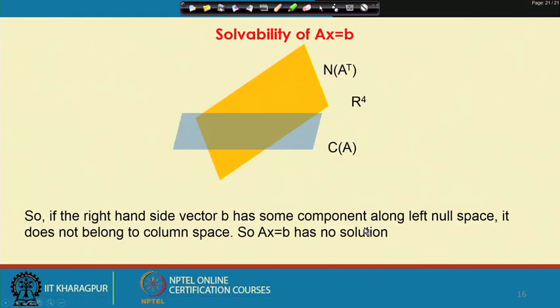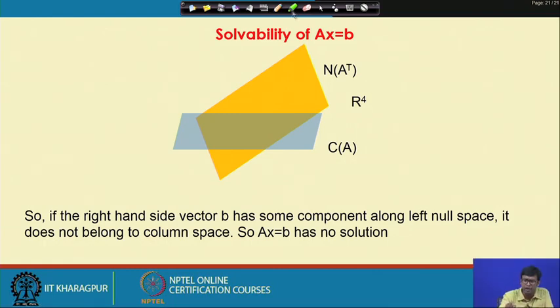So, we look into the solvability of Ax = b. For example, this is the left null space and this is orthogonal to the column space. If we have any vector b, say this is a vector b, and it has some component along the left null space, b_L, then the component along the left null space is always orthogonal to the column space.